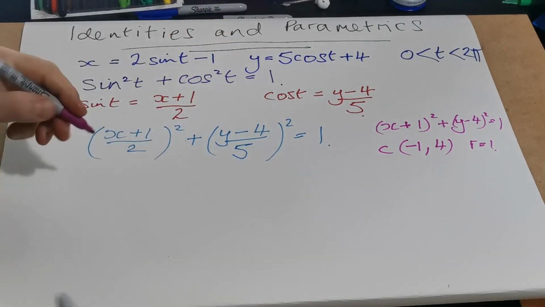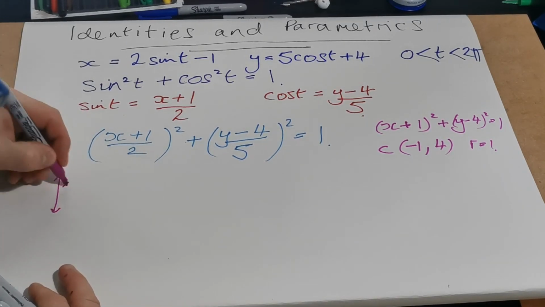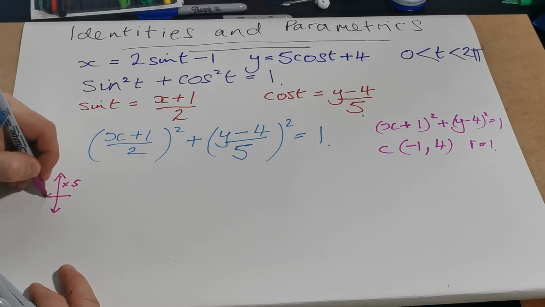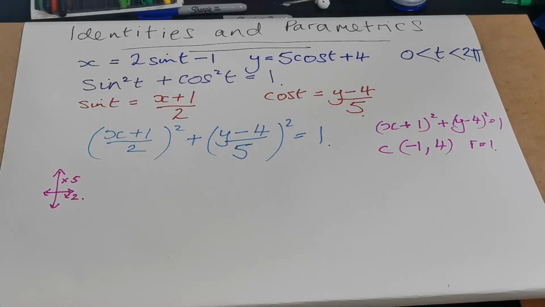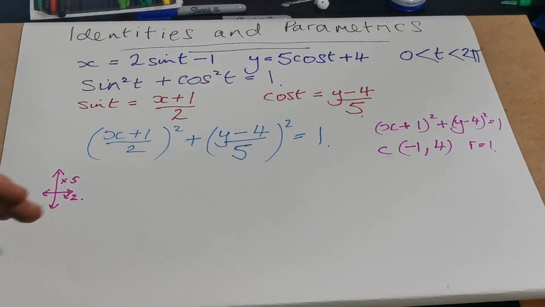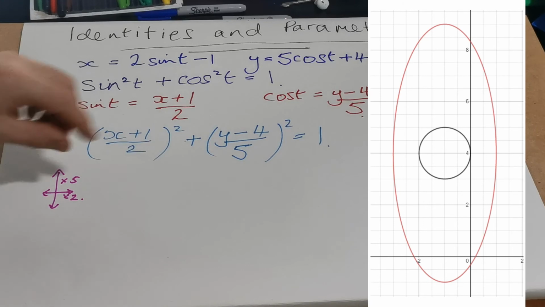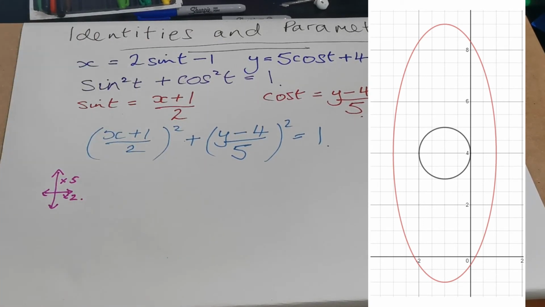So it's a stretch of 5 in the y and a stretch of 2 in the x. Now for the purpose of this question, you're aiming to get to here, but if I overlay the circle and the oval here, you should see that this causes a stretch of 5 and this causes a stretch of 2, and that's bringing you back to some earlier work, which I thought it was good to overlap.